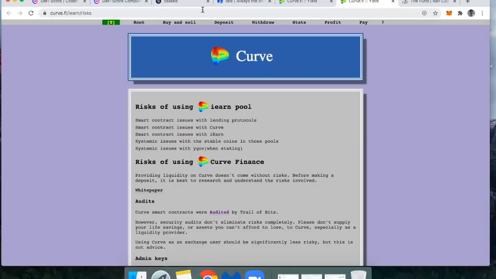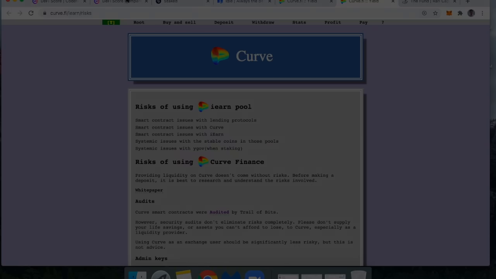The last thing to be aware of would be governance compromise, but none of these have fully decentralized into a DAO yet, so I don't need to be concerned about that. As far as I know, I don't believe Staked, IDLE, I know Curve hasn't, but it will eventually, and I know RARI hasn't because it's brand new. So anyways, those are all the risks that I tend to think about, and those are the risks that I accept by participating in these yield bouncers.